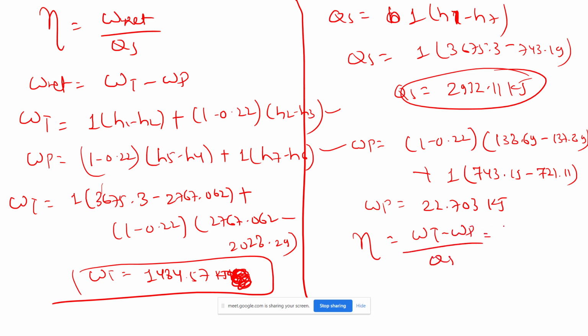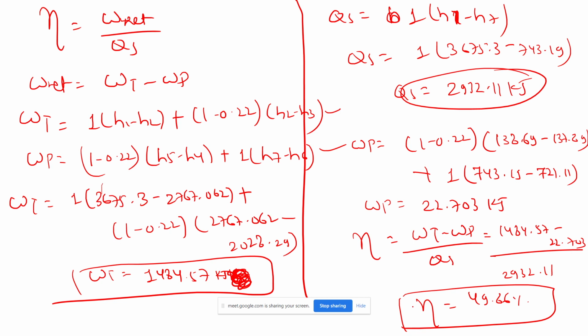Turbine work we are getting 1484.57 minus 22.703, divided by heat supplied 2932.11. So what are we getting? 49.86%. It is the right answer.